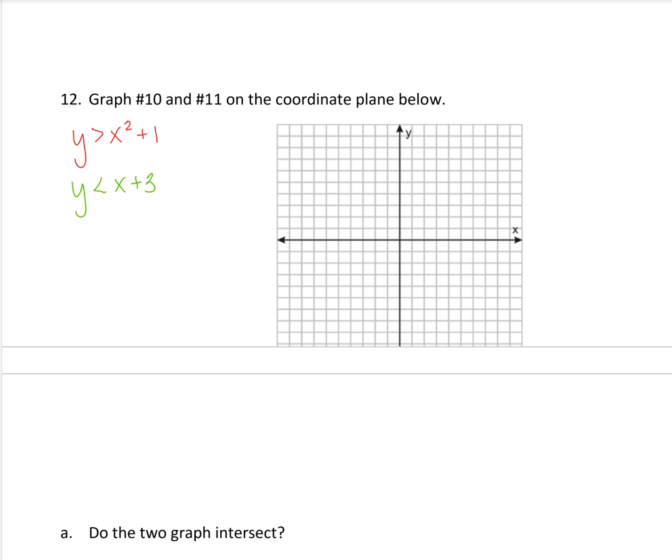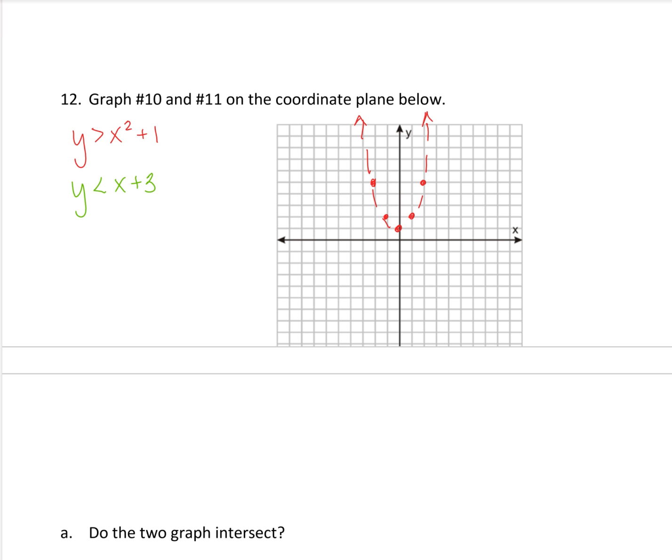So again, I'm going to start at 1. Oops, wrong color. I know I had 1, 2, and at 2, 5. So I mimic it on the other side. And I'm going to draw my dashes.